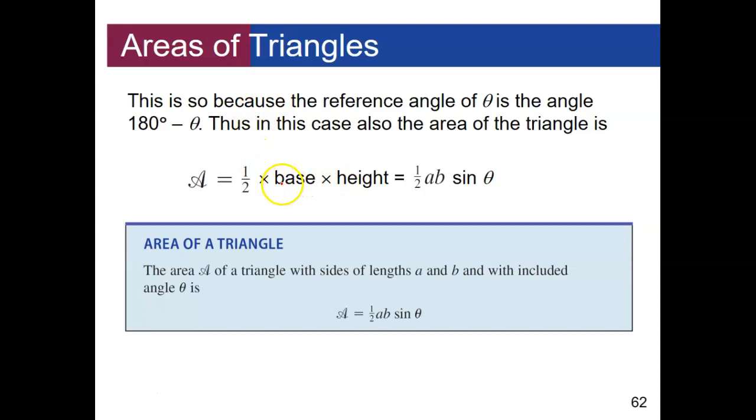So basically, we're going to do a rewrite of this, and instead of doing 1/2 base times height, we're going to do 1/2 side A and B times the sine of theta, which is the included angle between sides A and B. So this is going to be the formula that we're using to calculate area. And again, that's simply because base and height are not always easy to come by in a triangle, but especially if you already just know two sides and the included angle, then this is an easy formula to use.